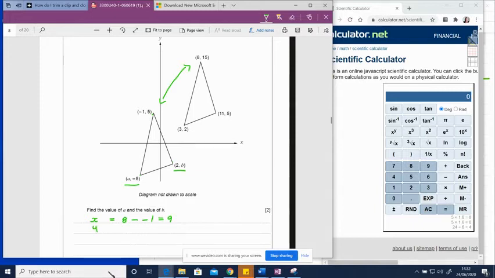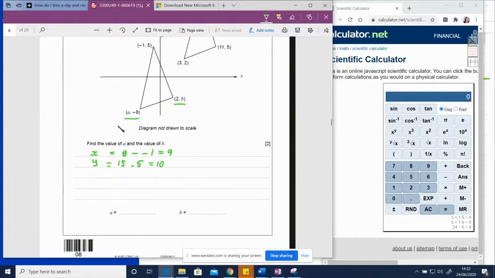Now the relationship of the y value of the same coordinates are 15 minus 5, which is 10. That means the y value has moved 10 places down.